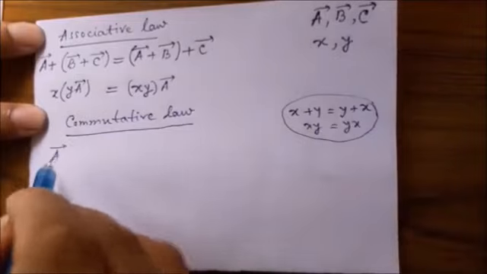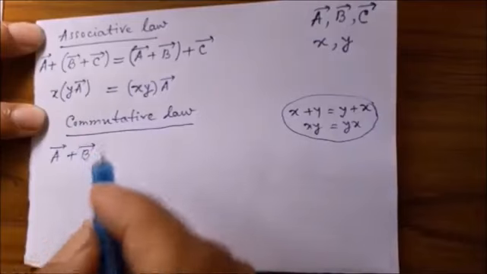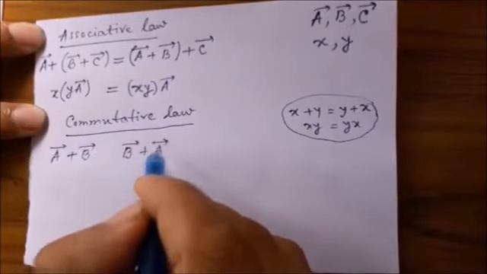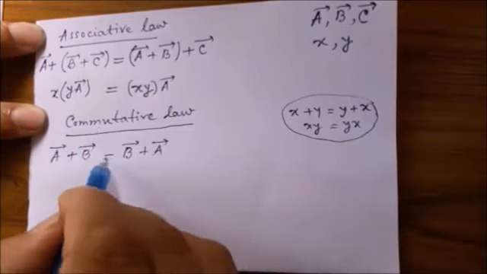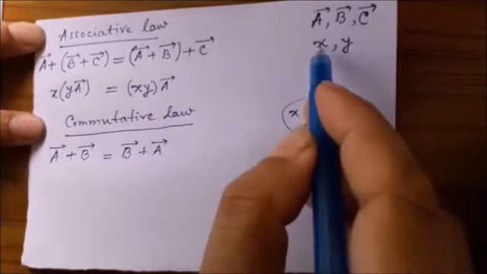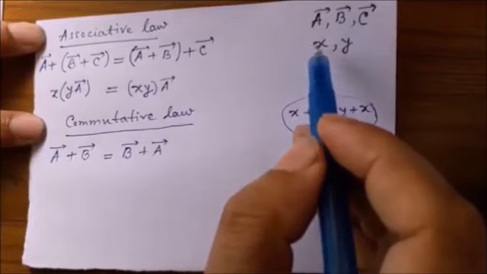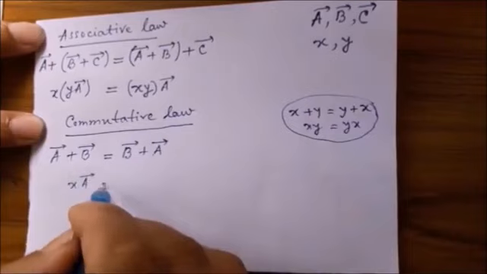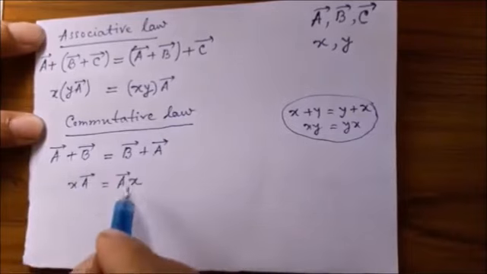Let us consider the vector A first, and to it we add vector B, and someone might start with vector B and to it he or she may add A, and according to this law the two are same. We can multiply x with A, and so we have xa, or we can write A first and then write x later.